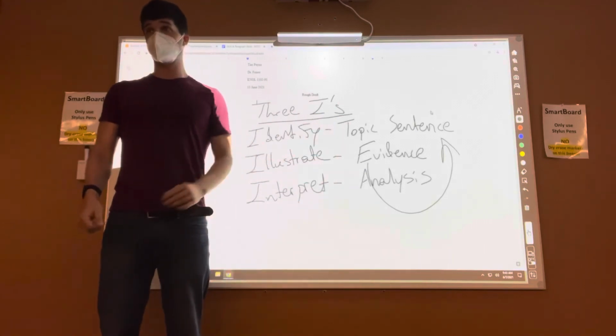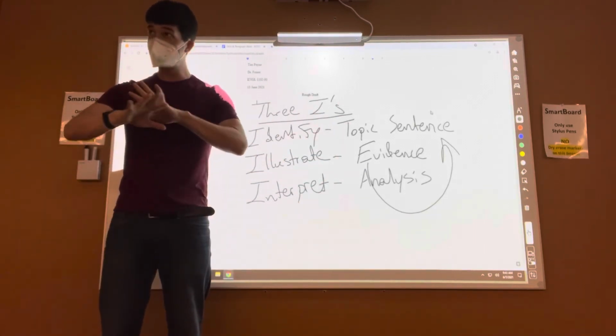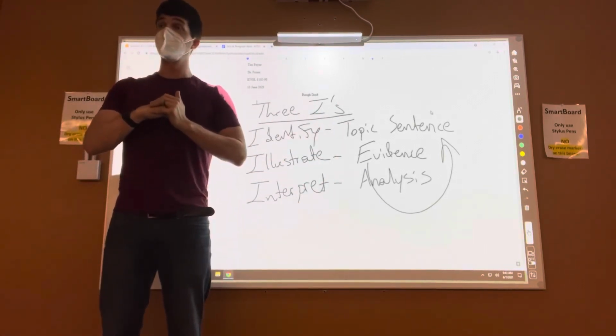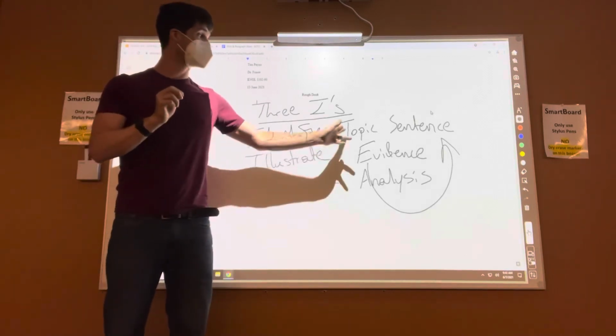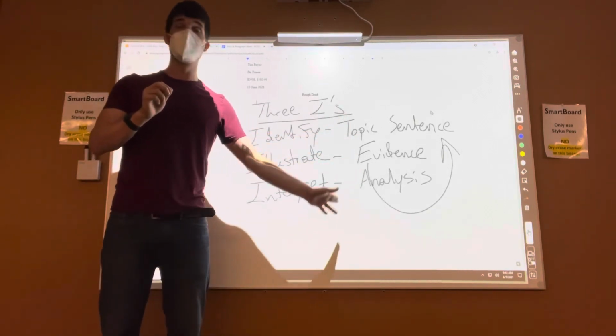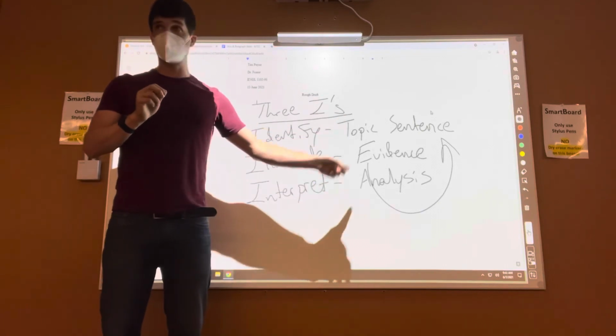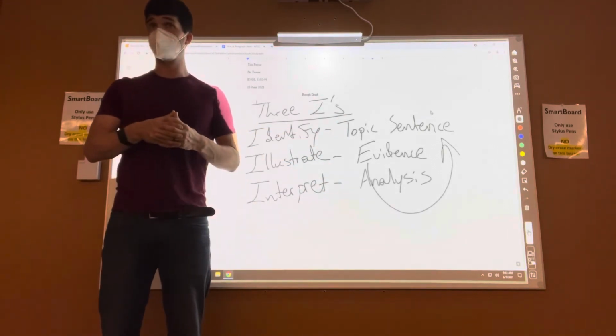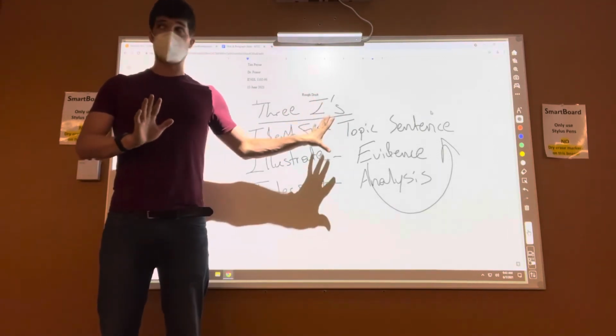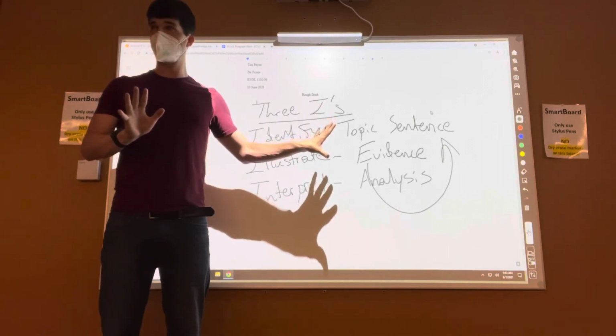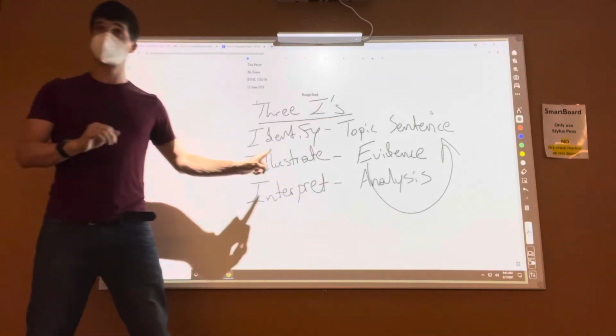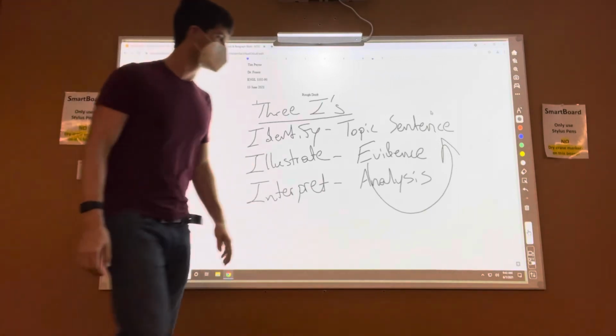That's a body paragraph. That's how it works damn near every time. There are magical moments where you have an argument and you just write it straight through, but usually when you try to do that, it doesn't work out well. Questions about that? Sweet. Can I erase this? Awesome.